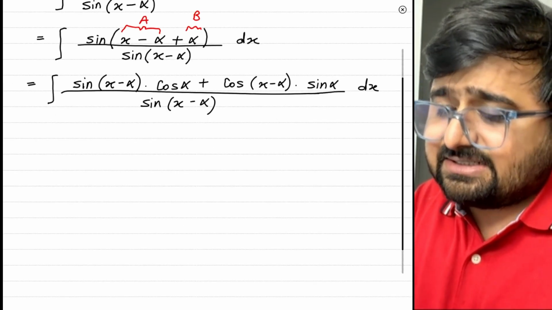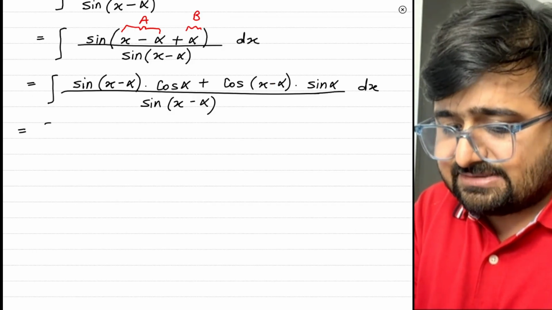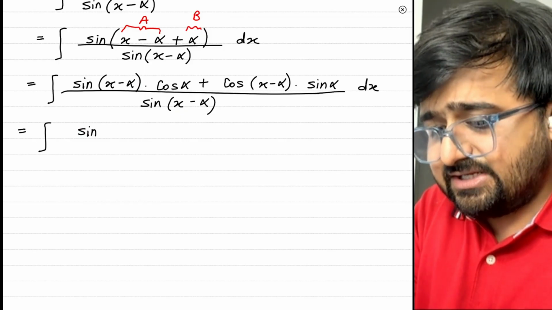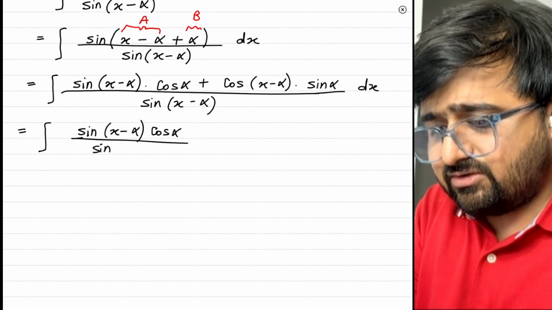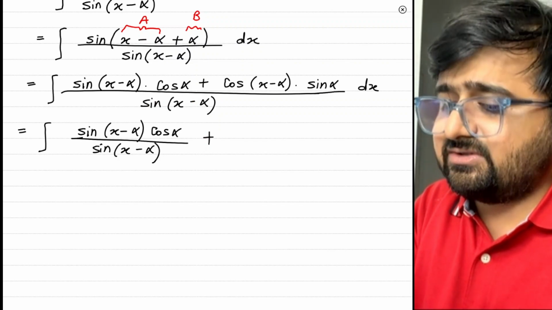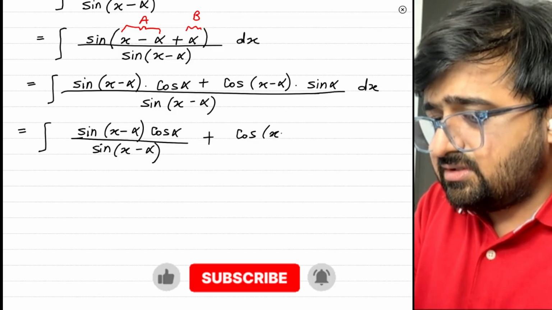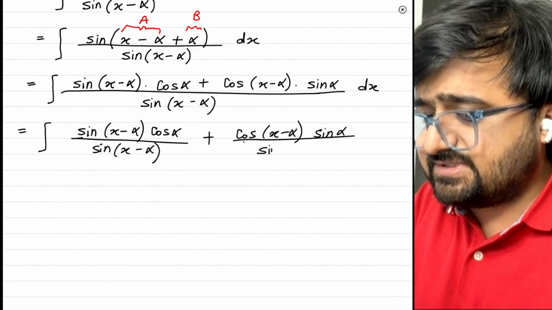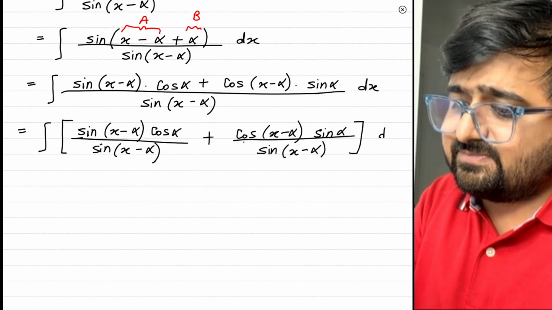Now let's split that denominator sine of x minus alpha across both of these terms, and many things will get cancelled. Here, if you give this to the first term, we have sine of x minus alpha cos of alpha divided by sine of x minus alpha, plus, giving that sine of x minus alpha to the second term, we have cos of x minus alpha sine of alpha divided by sine of x minus alpha, with respect to x.